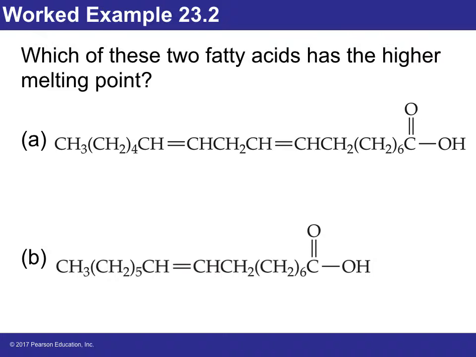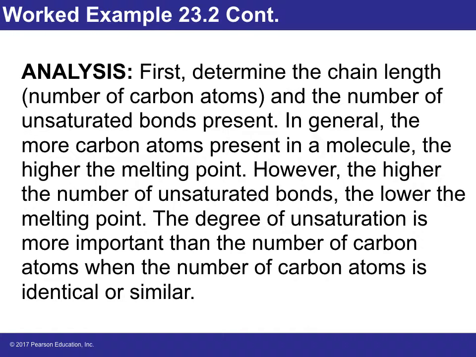In general, the more carbon atoms present in a molecule, the higher the melting point. But the higher the number of unsaturated or double bonds, the lower the melting point. That degree of unsaturation is more important even than the number of carbon atoms when the number of carbon atoms is identical or very close.